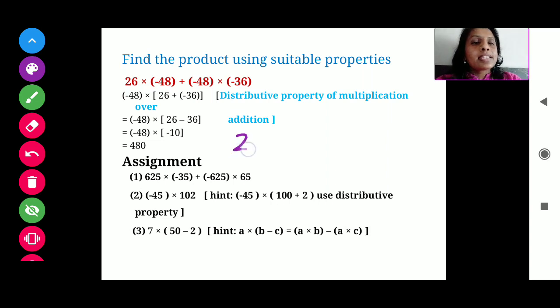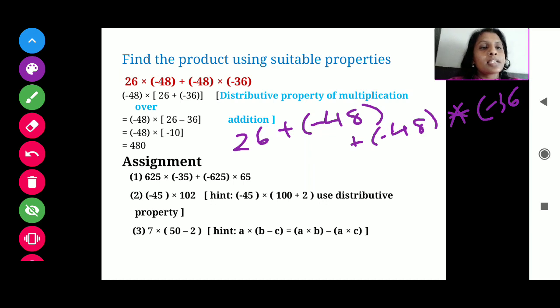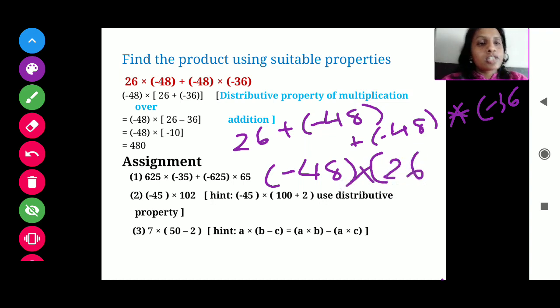26 into minus 48 plus minus 48 into 36. It is like this. So we are taking out minus 48. So in the bracket what will be there? 26 will be there first, this one. Now minus is there and here it is plus. So we will write it like this, minus 36.